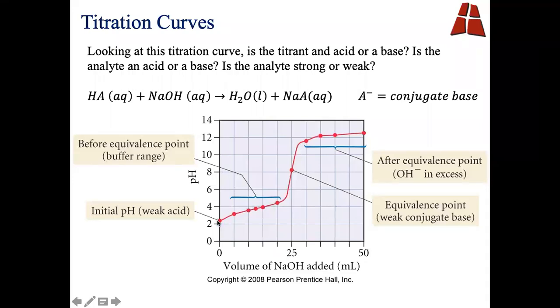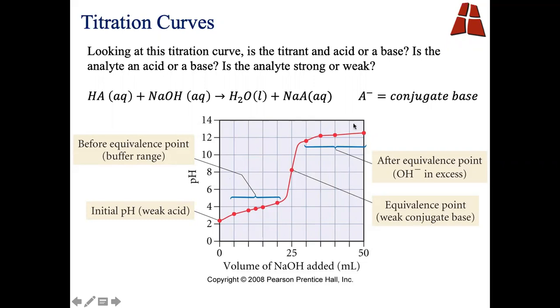Between our initial pH and our equivalence point, we are in what's called the buffer range. And so this is where the pH is equal to the pKa plus the log of our conjugate base over our weak acid. We should know that we can use the Henderson-Hasselbalch equation in order to solve for that, okay?